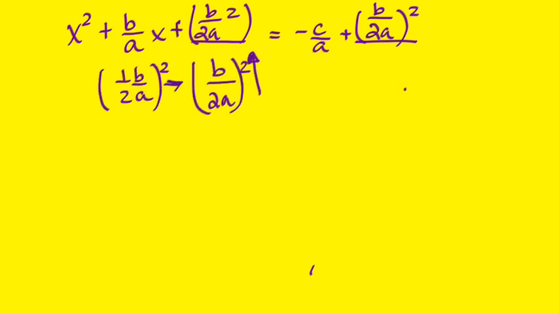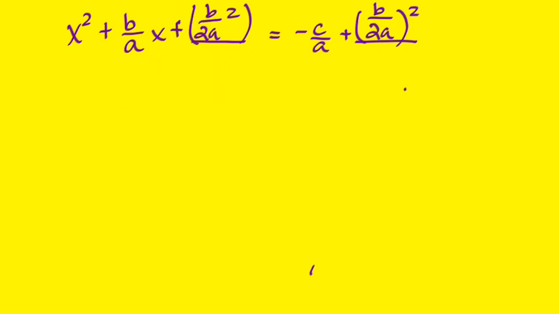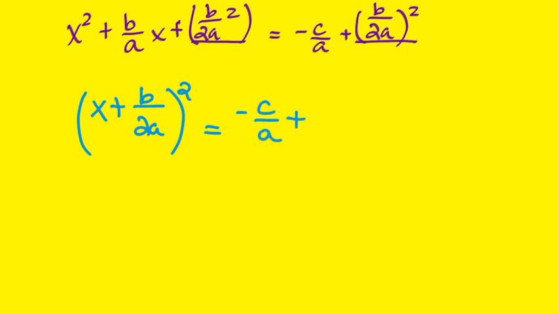Now, I made this a perfect trinomial square, so I know what it is. It's x plus b over 2a squared equals my other side of my equation. Now I'm going to go ahead and square these, so I'll get b squared.